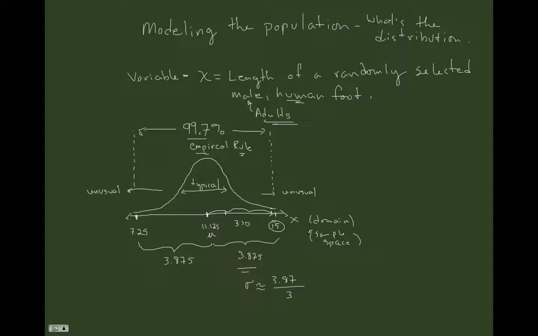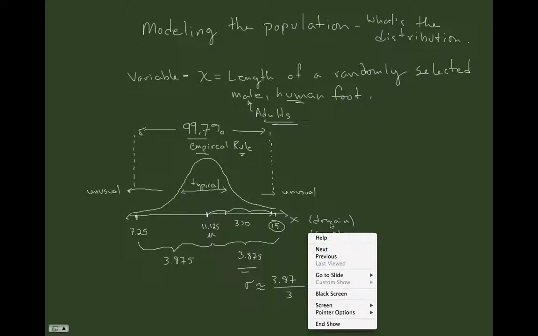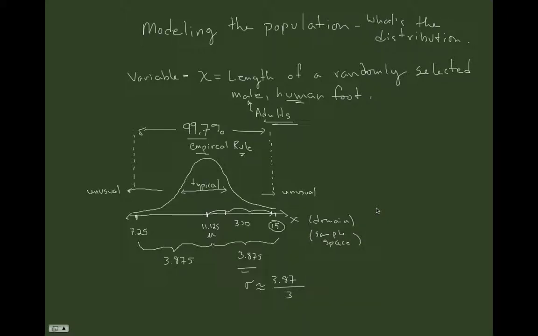Then I can make the argument that the standard deviation is about that distance from the mean to 15, so that gives me a standard deviation of about 1.3 inches.